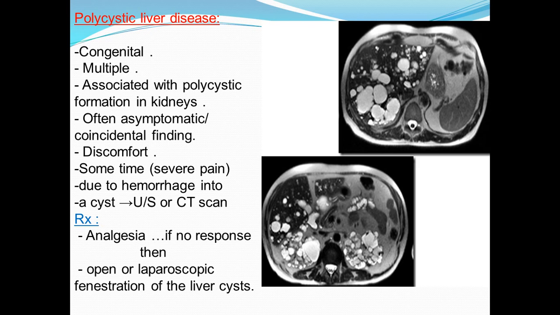It leads to discomfort in right hypochondrial region, sometimes severe pain due to hemorrhage into a cyst. Ultrasound or CT scan used in diagnosis of this disease. Treatment: analgesia. If no response, then open or laparoscopic fenestration of the liver cyst.